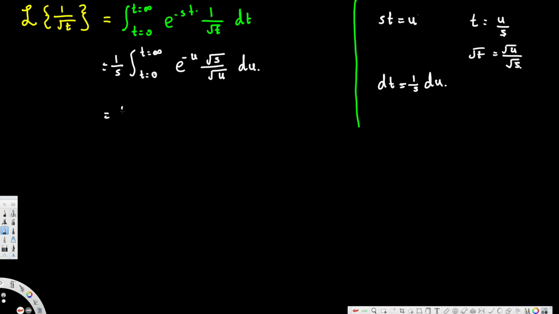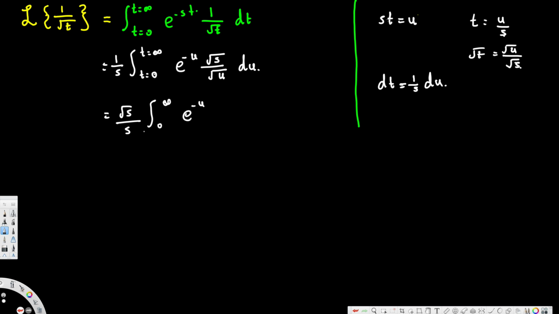So this is going to be square root of s over s, integration 0 to infinity, e power negative u. If t is 0, and if I write this in terms of u, where u is equal to st, and if you plug 0 for t, the whole thing is 0, so the lower limit is going to be 0.